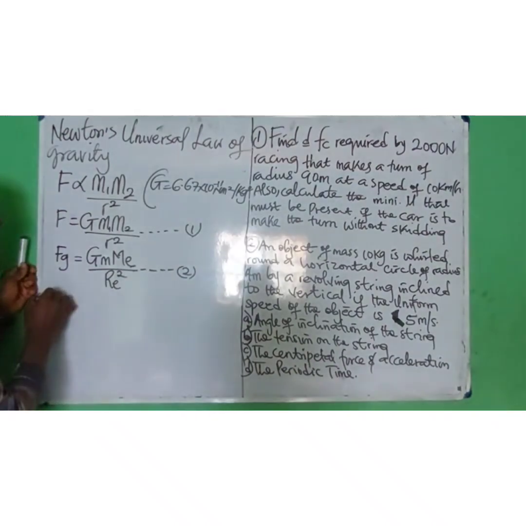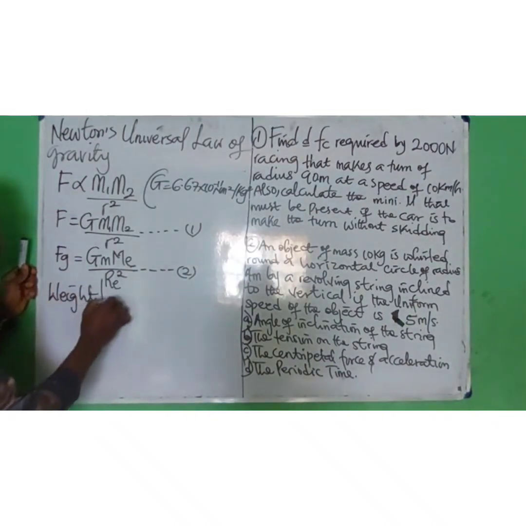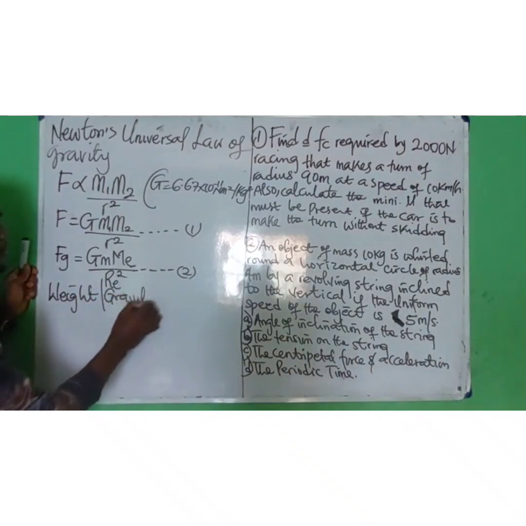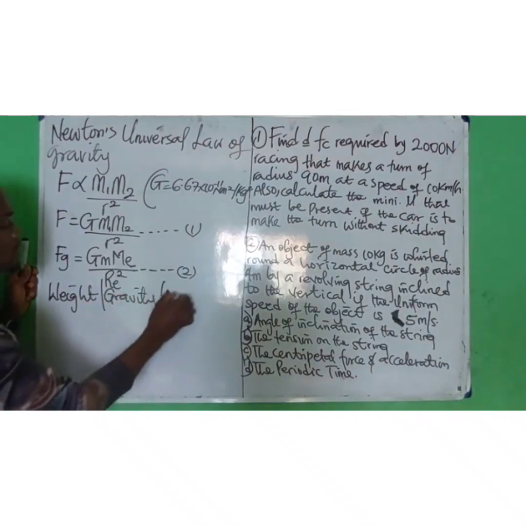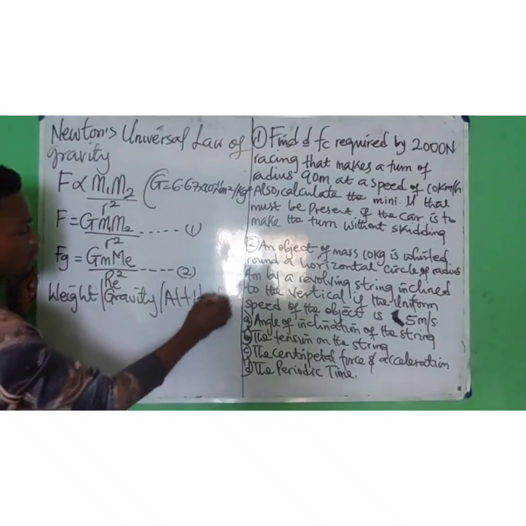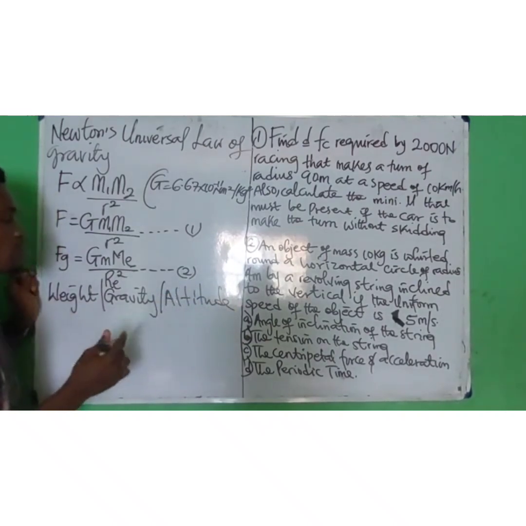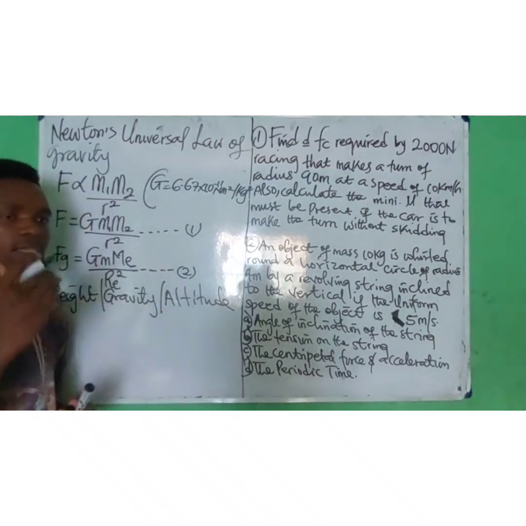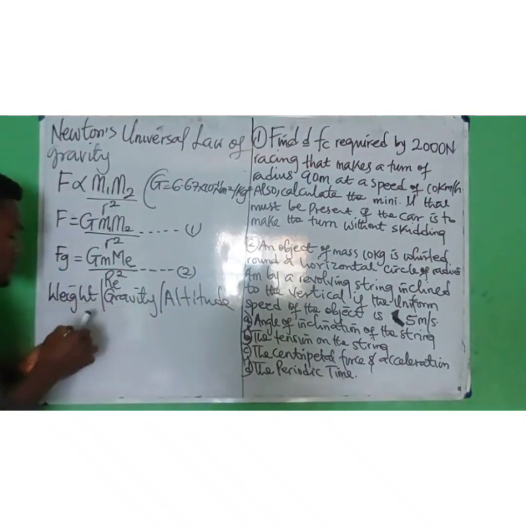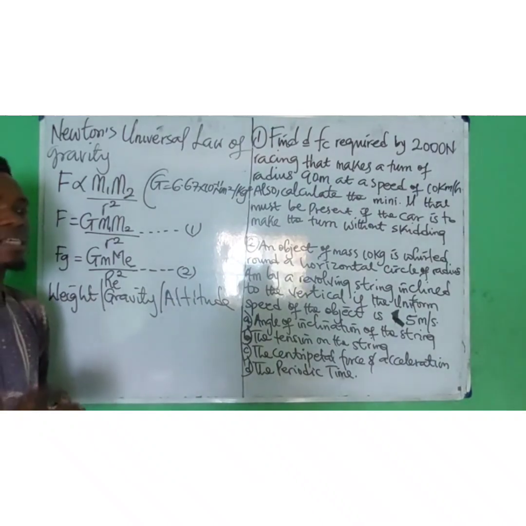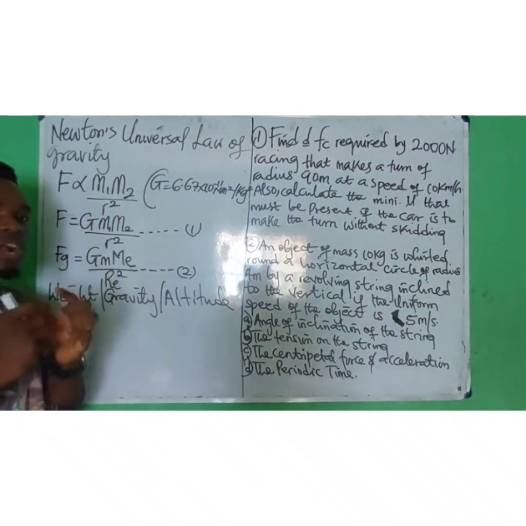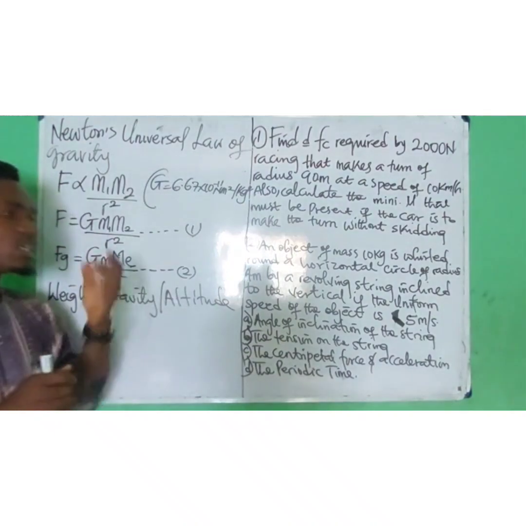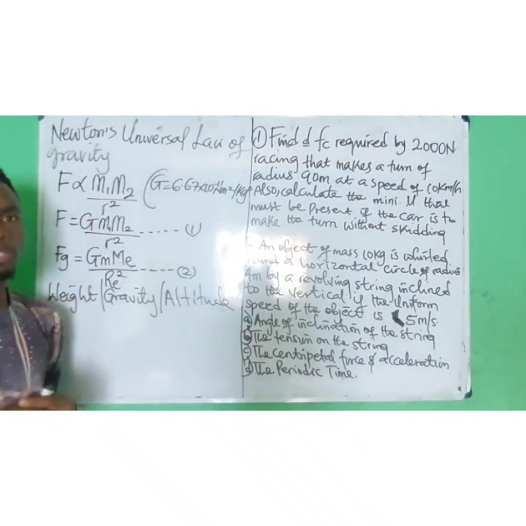The next one is weight, gravity, and altitude. Whenever you hear the word altitude, what comes to your mind? Height. Now, the weight is defined as the gravitational force of attraction between the Earth and the object in question.